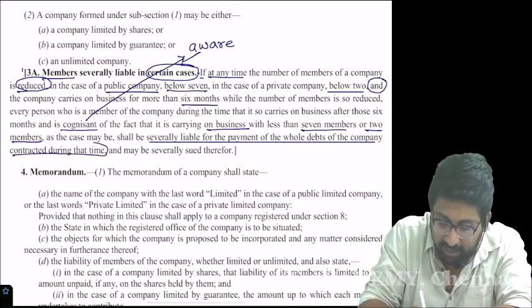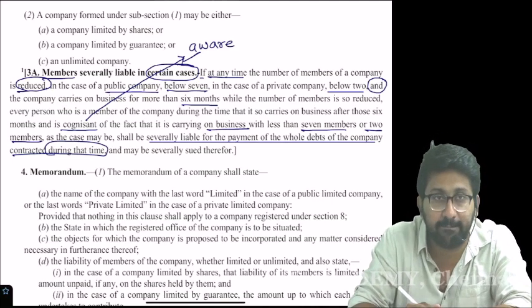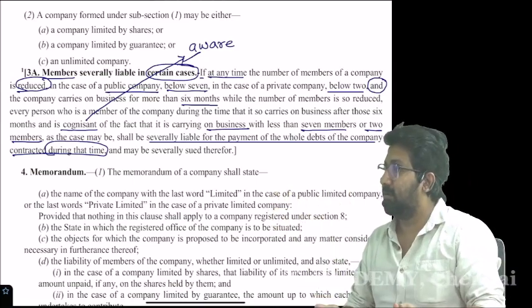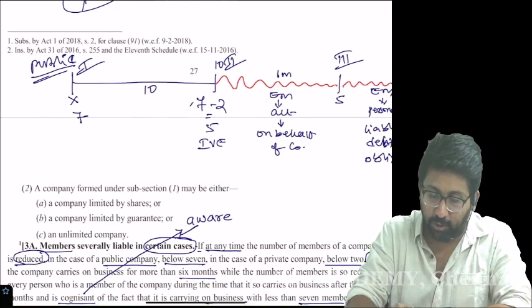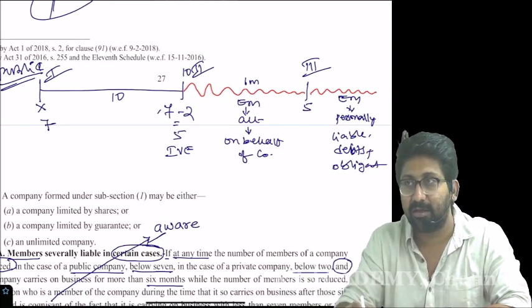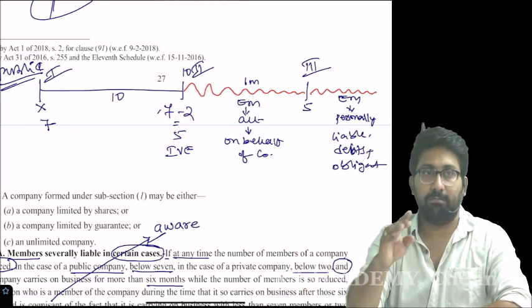During that time. The very important words are during that time. What do you mean by during that time? In our example, stage 1 to 2, 2 to 3, 3 and after. So it will be 3 and after.